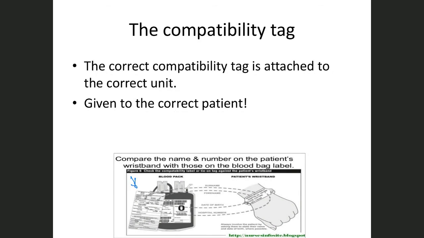Then when the nurse or a physician comes to do a transfusion, they should check the information again from the wristband of the patient. We have to check the wristband; the information should be compatible.